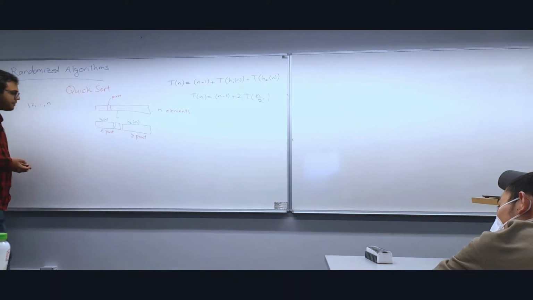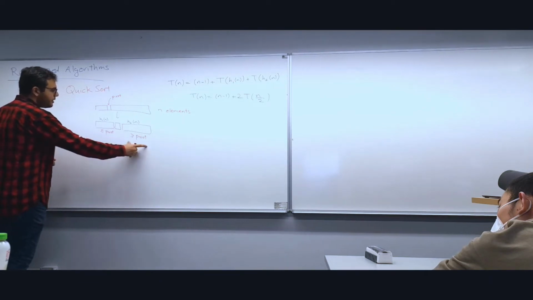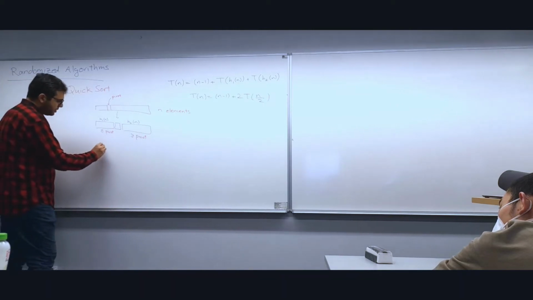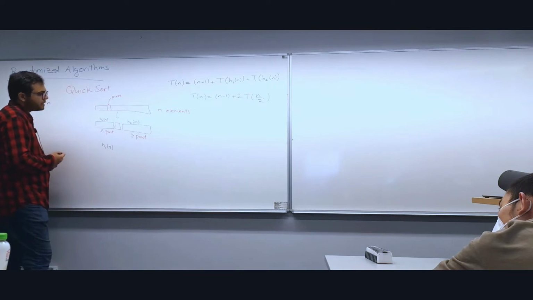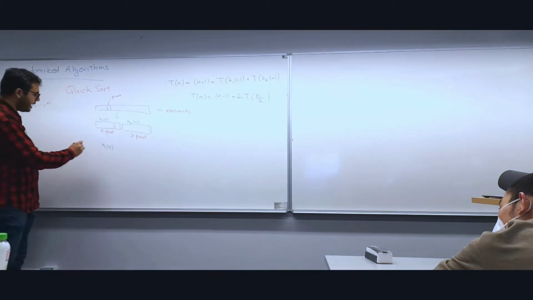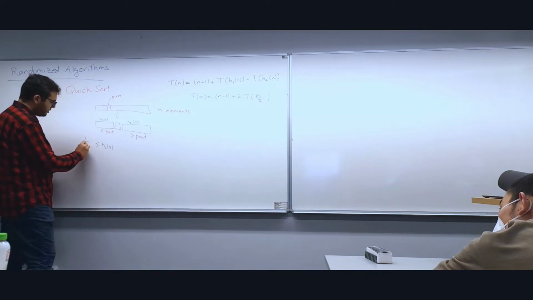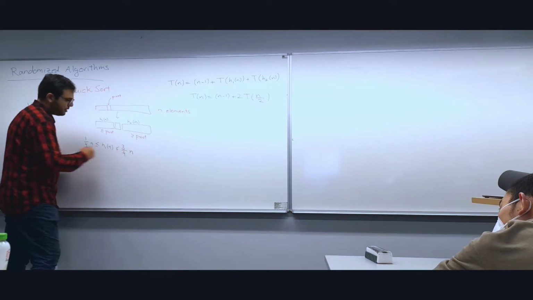What happens if, let's say, the sizes of the two parts can differ, but I put some bound on how different they can be? So what happens if I can find the pivot so that H1 and H2, let's say H1 is between 1/4 of n and 3/4 of n.